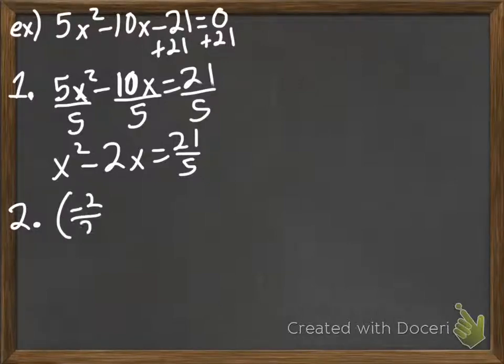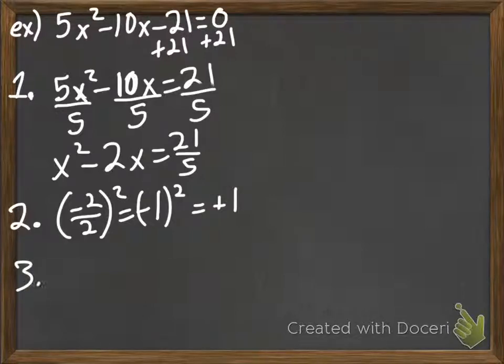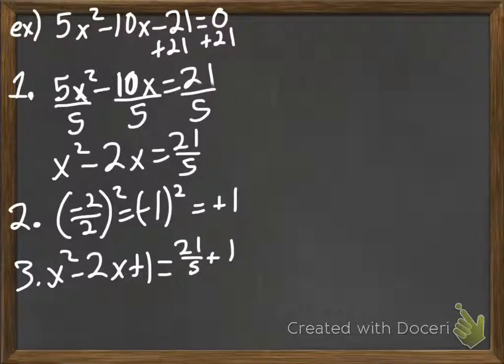So here we have negative 2 divided by 2 squared equals negative 1 squared, which equals plus 1. Step 3, we get x squared minus 2x plus 1 equals 21 over 5 plus 1. Well, that becomes 26 over 5.